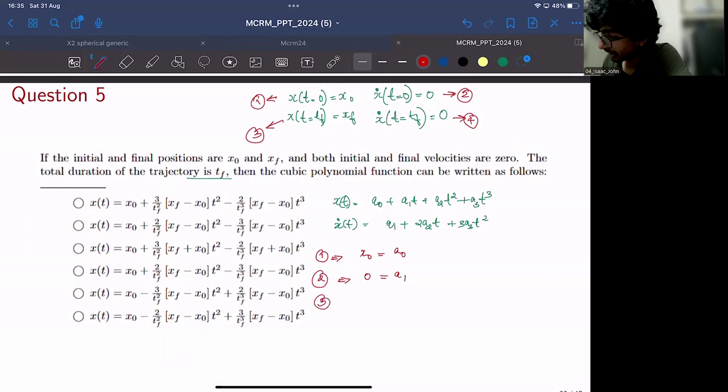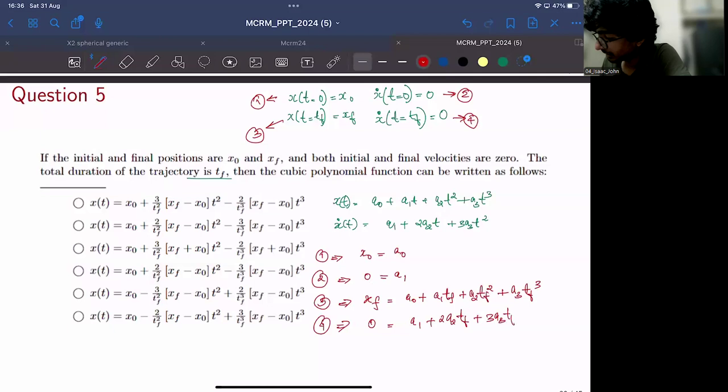And if I apply condition 3, you will get xf as a0 plus a1tf plus a2tf square plus a3tf cube. And if I apply condition 4, you will get 0 as a1 plus 2a2tf plus 3a3tf square.